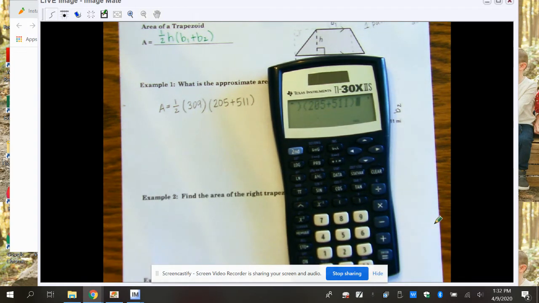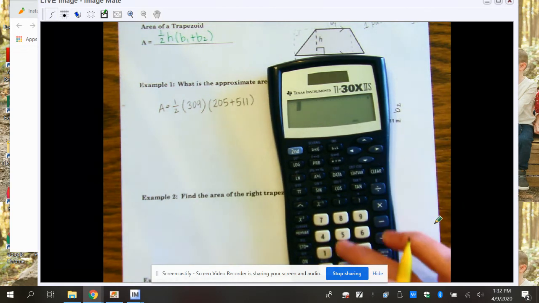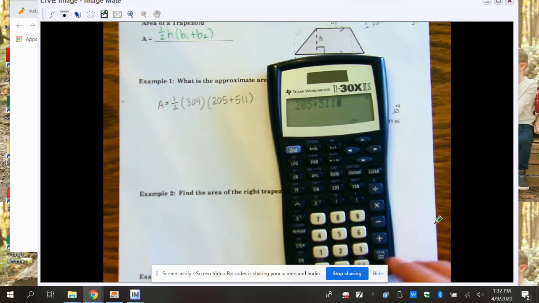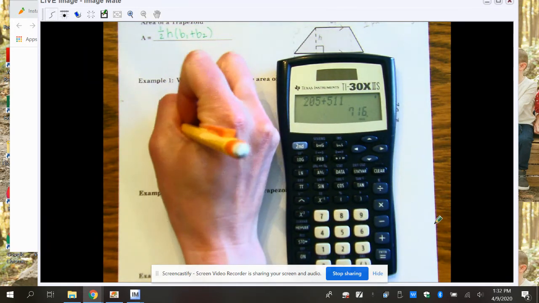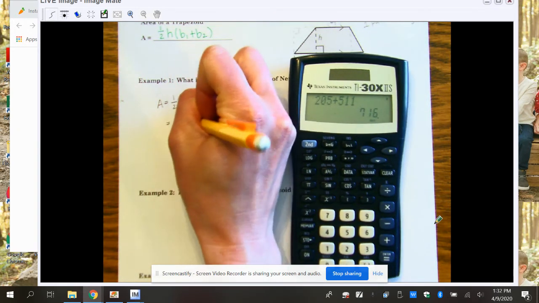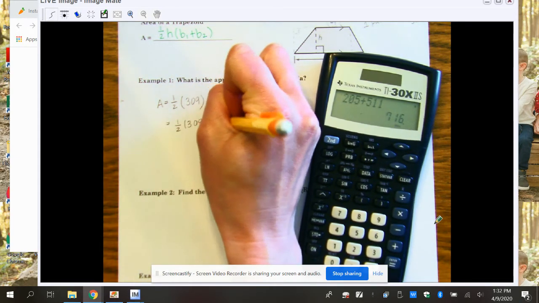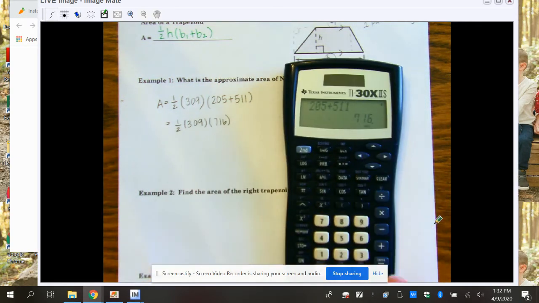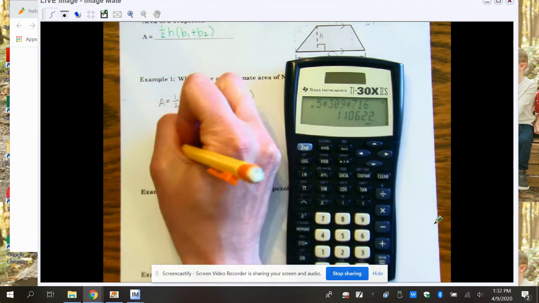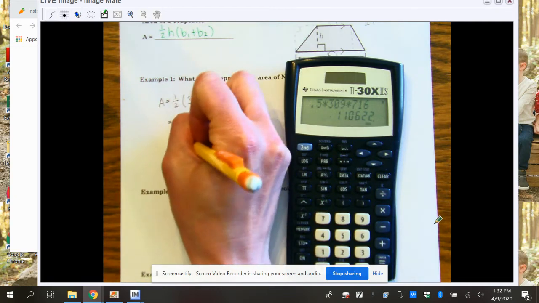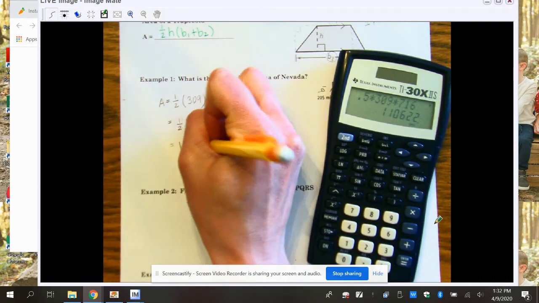If you'd rather find that sum first, maybe you do 205 plus 511 and make this just one extra step so you don't have to worry about whether you're typing it in right. That's never a bad idea. And then times 760. 1/2 times 309 times 716 is going to be 110,622.